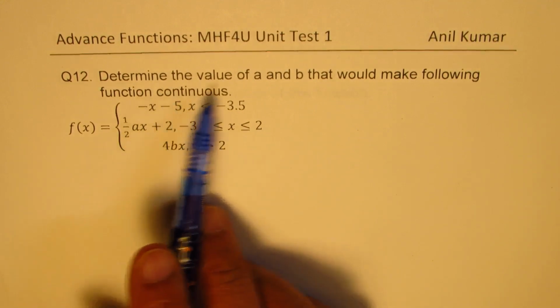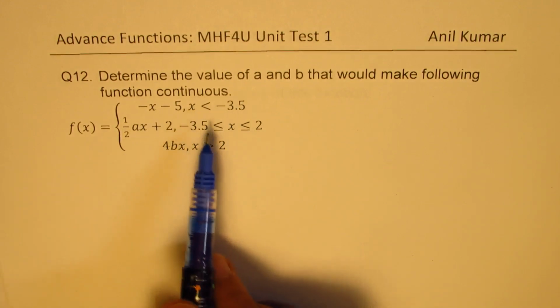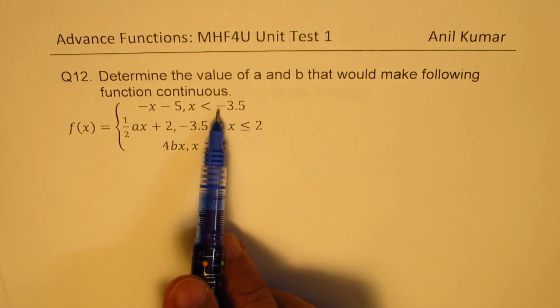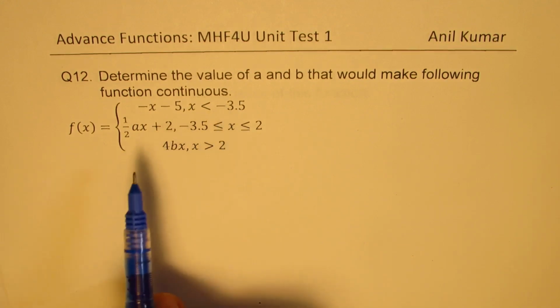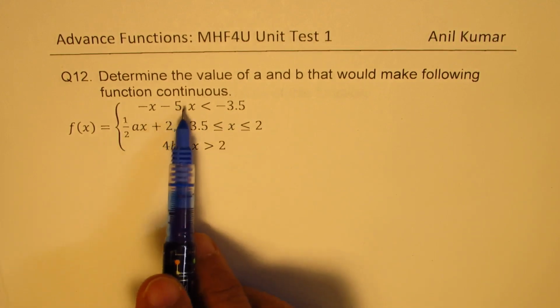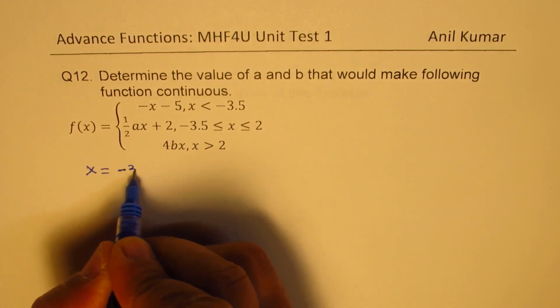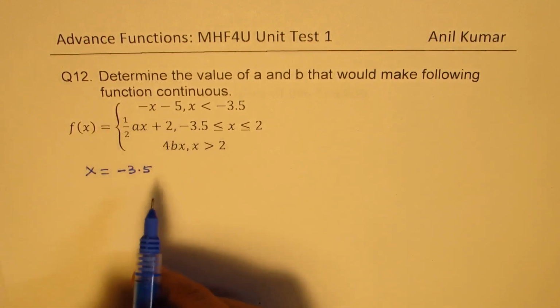When we say that it has to be continuous, there are three pieces. The first piece and the second piece are joined at negative 3.5, right? At that point, we should have both the pieces joined together. So at x equals negative 3.5, what is the value?